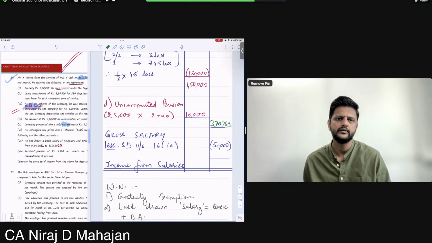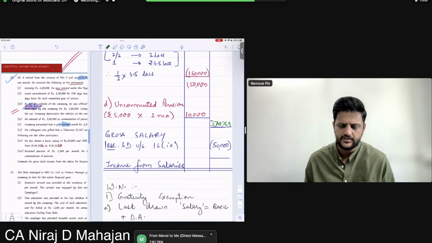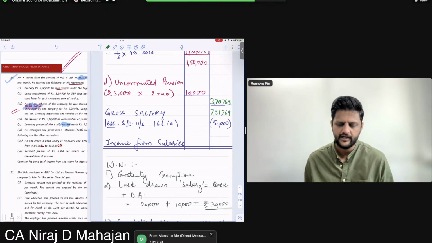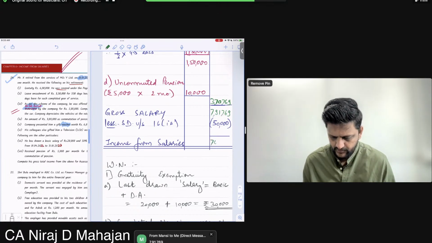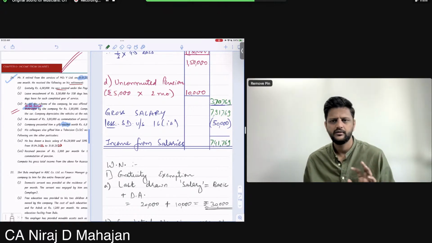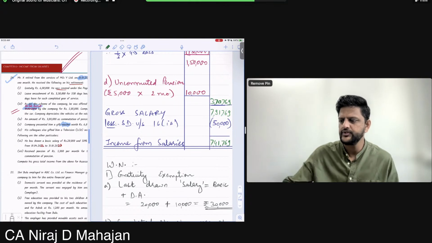Chalo, quickly. Solve. 7,91,769. Minus 50, so 7,41,769. Income from salaries. If you find gross total income, I'll round it up. Net taxable income. Which section? Rounding up.